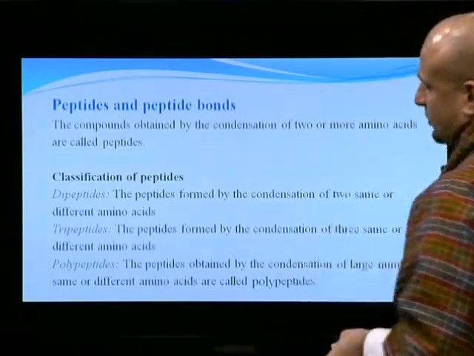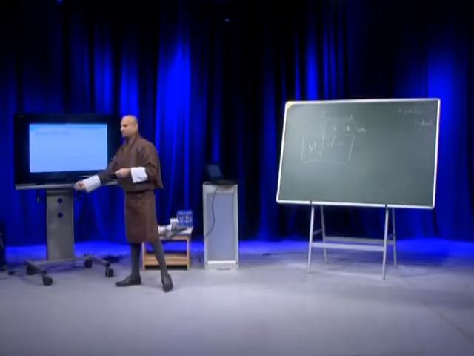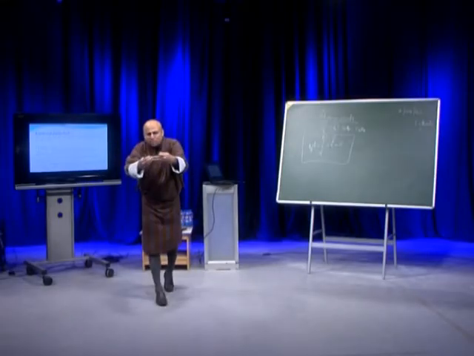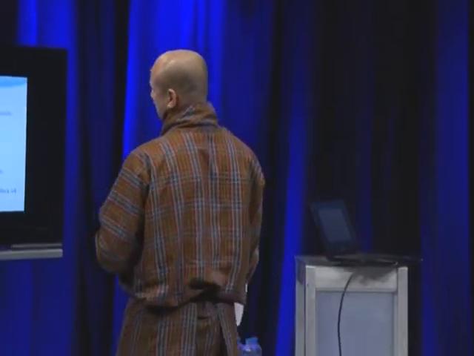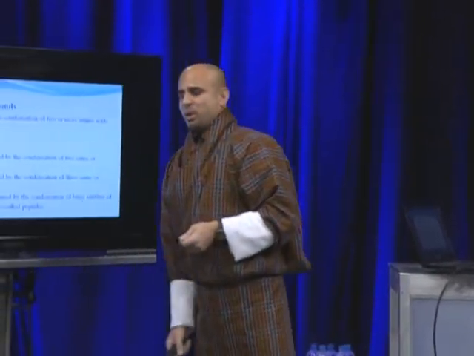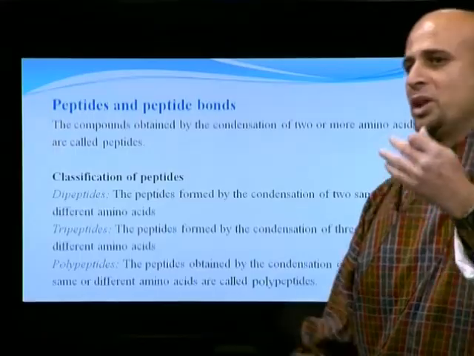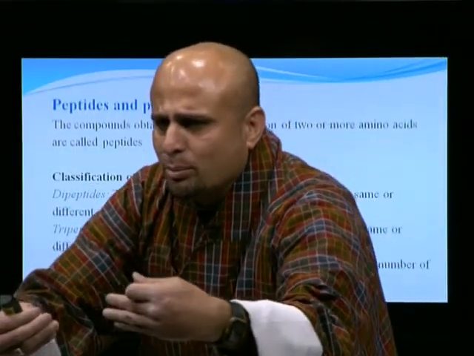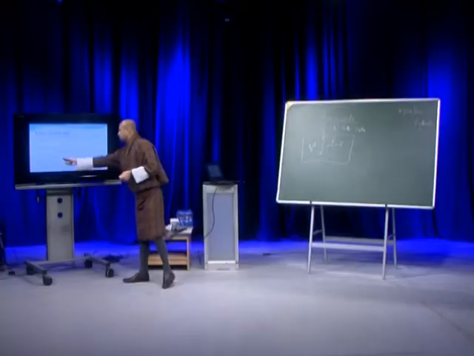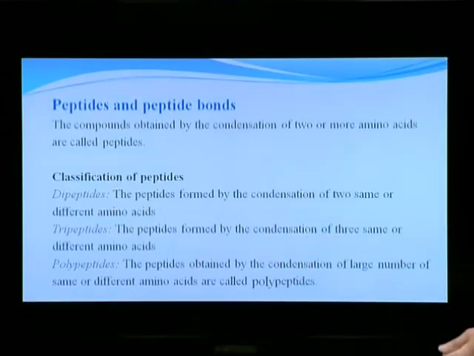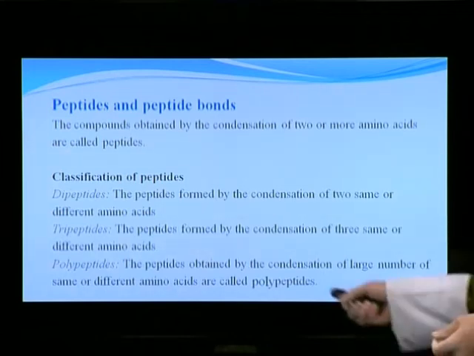So here, as you can see, classification of peptides, dipeptides. Di stands for two. So when two amino acids combine together, it's known as a dipeptide. Now, third one, tripeptides. Three. So when three amino acids combine together by peptide bond, it is known as a tripeptide. The peptides formed by the condensation of three same or different amino acids.